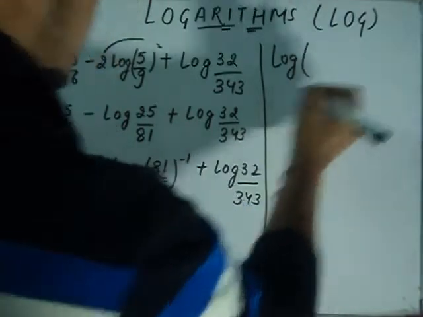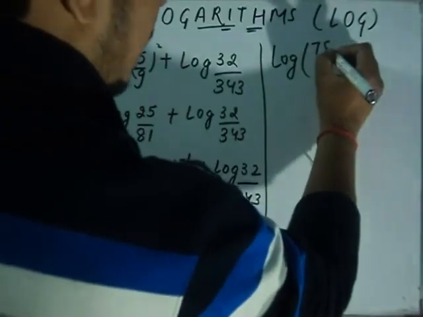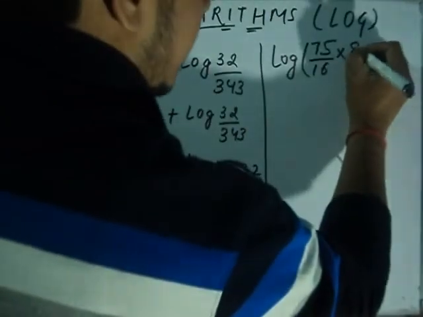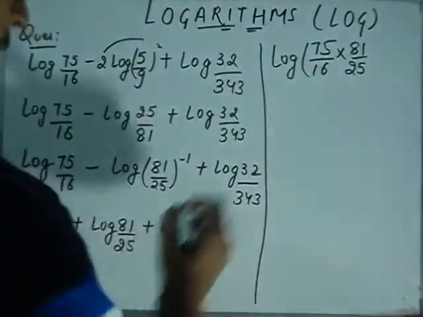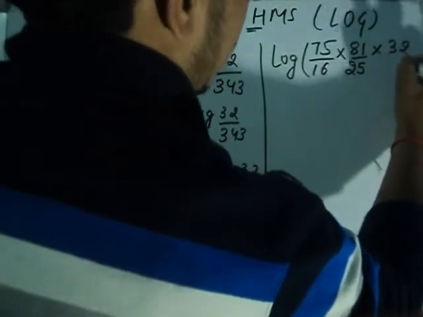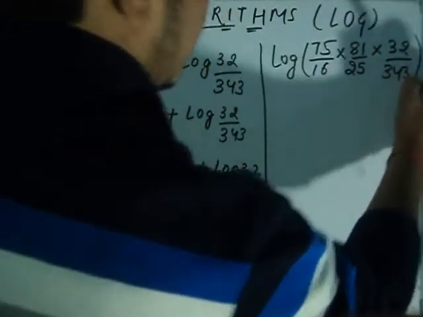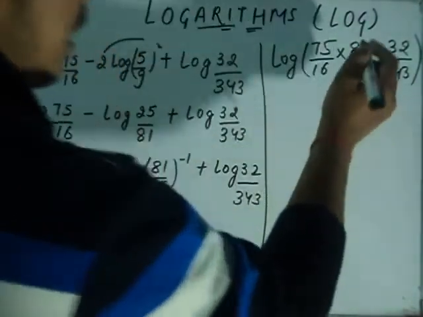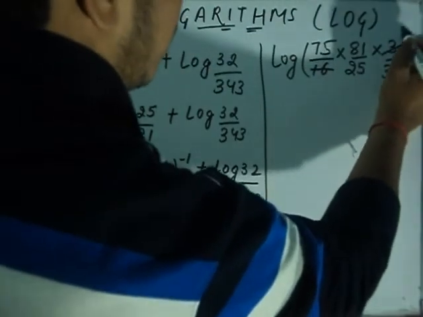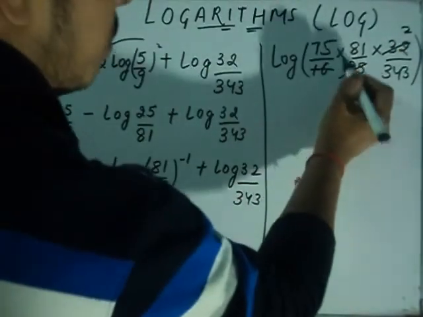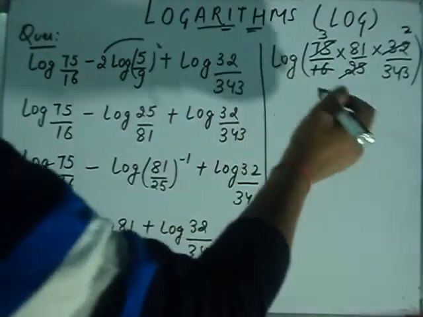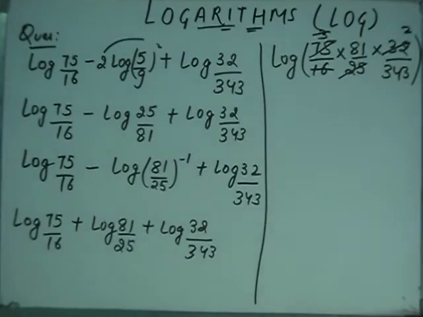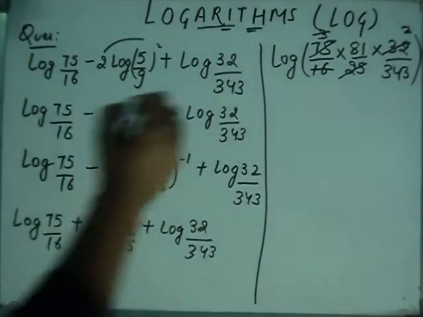Log base 10 of 75 divided by 16, multiplied by 81 divided by 25, divided by 32 divided by 343. After division we will get, like, if I divide, this will become 2 and this will become 3 and this would become, sorry, it's 243.